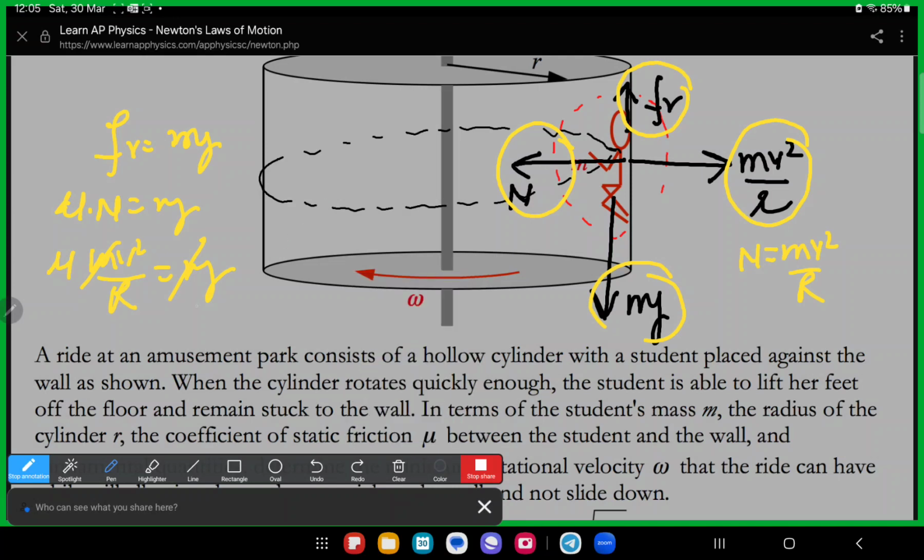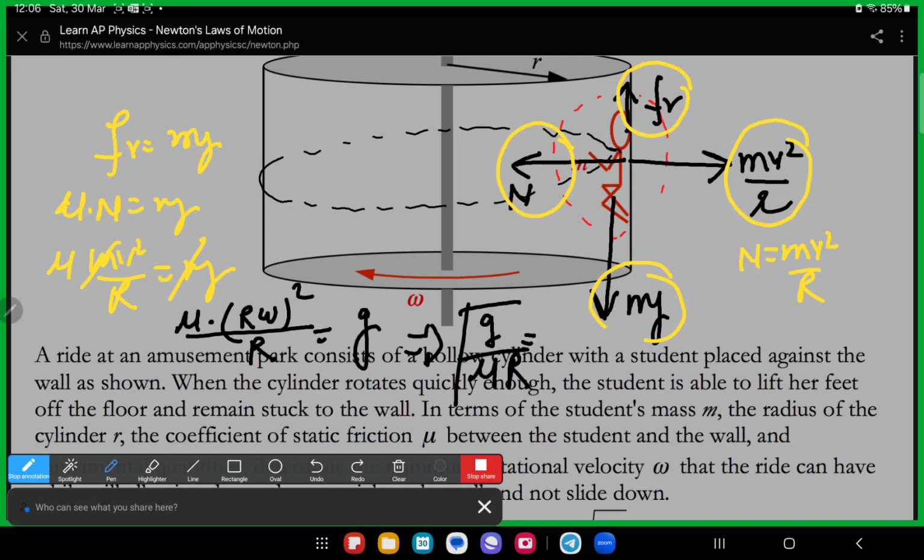Now we can get mu, in place of v we can put r omega, whole square divided by r, that is equal to g. So we have to calculate the value of omega actually. So one r, and from r square one r gets cancelled out. So it will be g upon mu r under root, that is the value of omega.